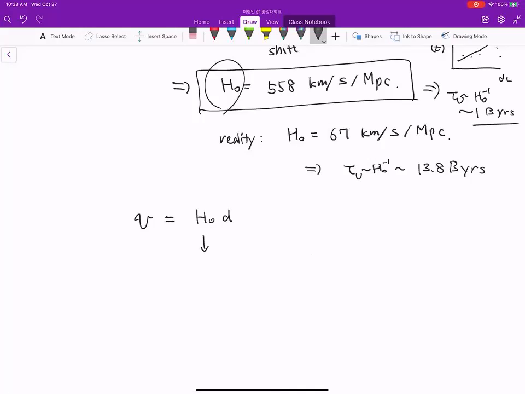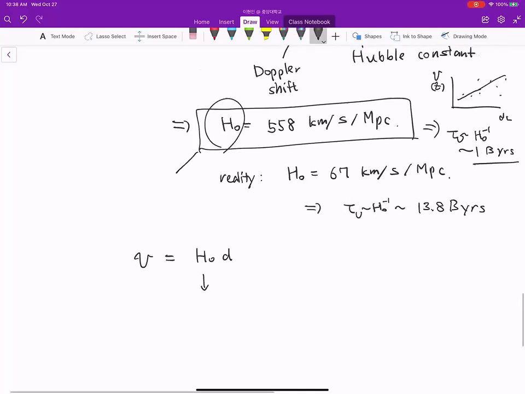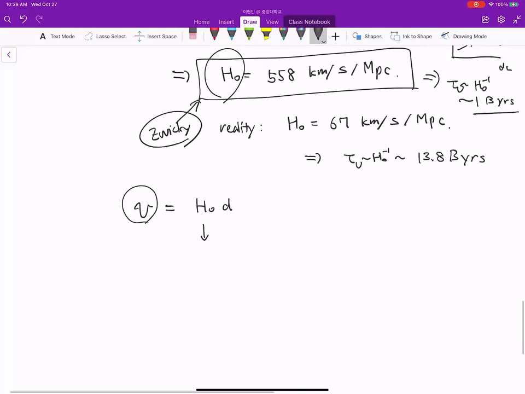Zwicky used this wrong value for the Hubble constant to infer the recession velocity. If H0 is smaller, then the luminous distance is larger.